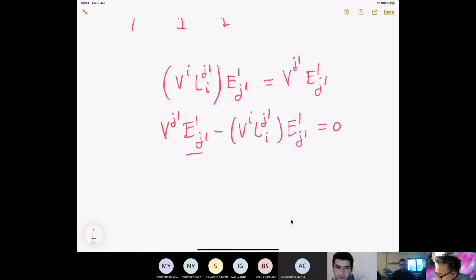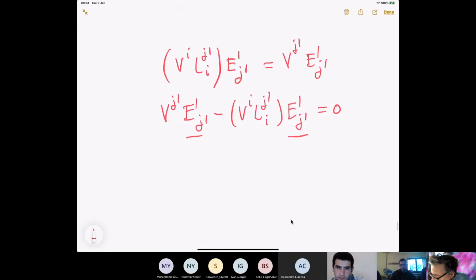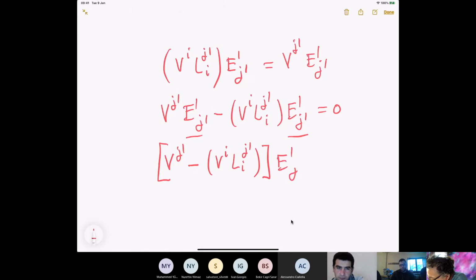Then you can factorize on the right these vectors, and you find (v_j' minus v_i L_i j') e'_j' equal 0.